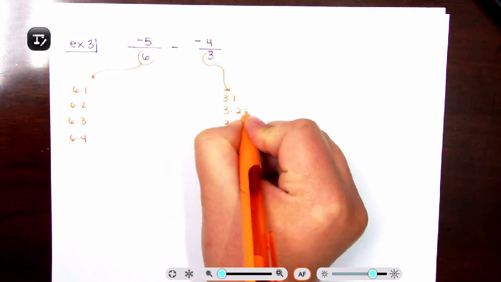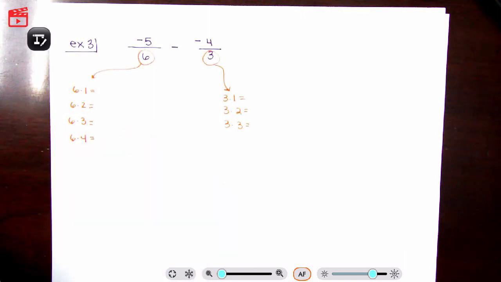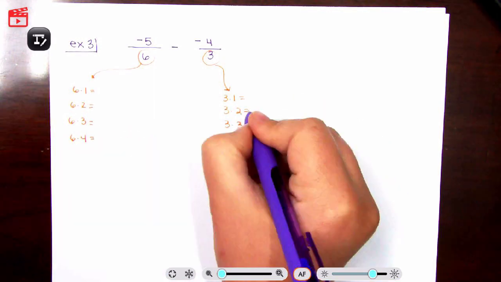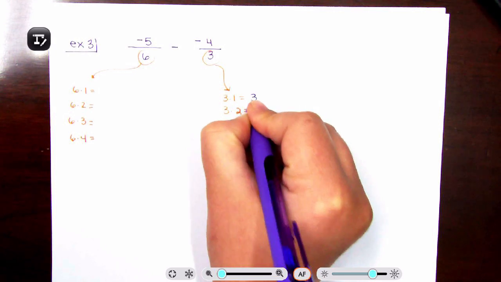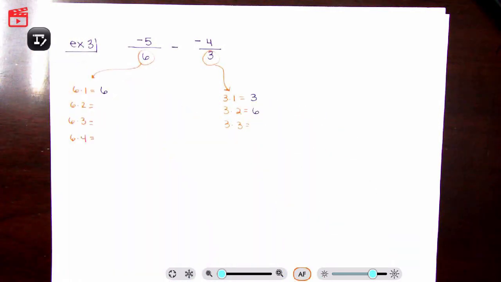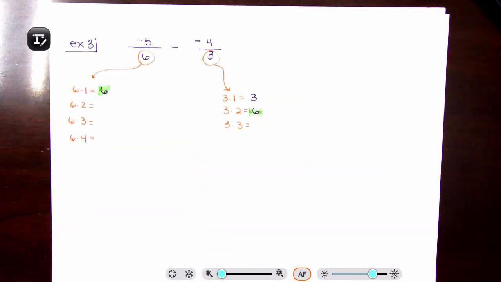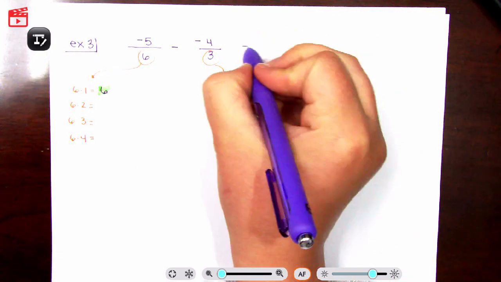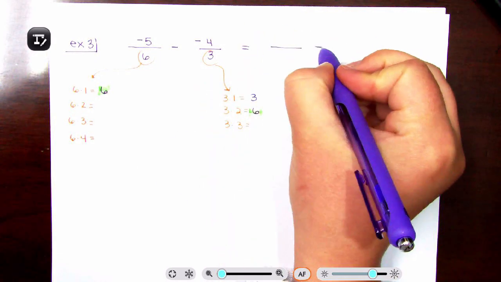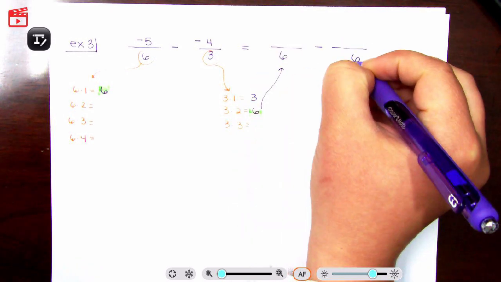Now I'm not doing a lot because I already know that 3 times 2 is 6. I already know that. 6 times 1 is 6. So my common denominator, my common output is 6. So that means when we write our new fraction, the new denominator is going to be 6.